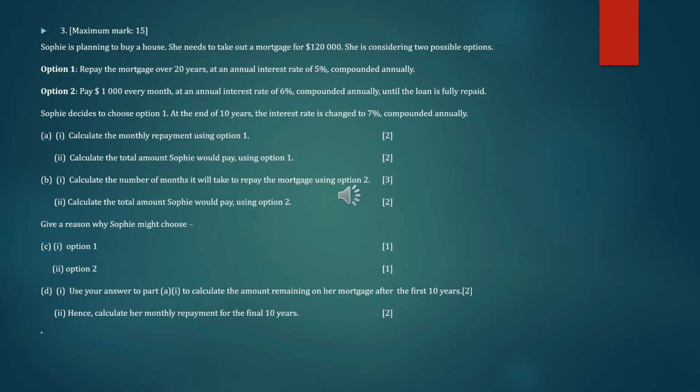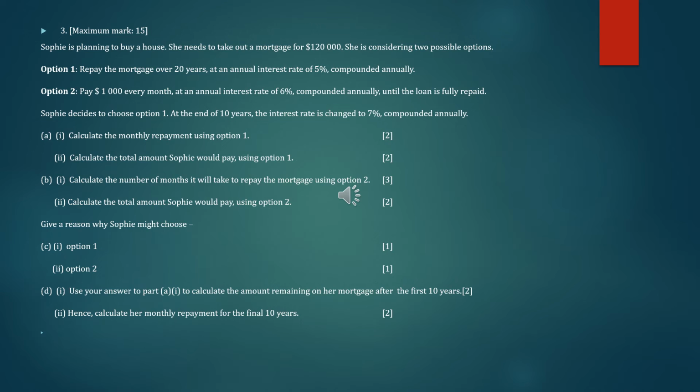Sophie decides to choose option 1. At the end of 10 years, the interest rate is changed to 7% compounded annually. There are questions A, B, C, D. For A, we have to calculate the monthly repayment using option 1, then calculate the total payments Sophie would pay using option 1. Letter B, calculate the number of months it will take to repay the mortgage using option 2.